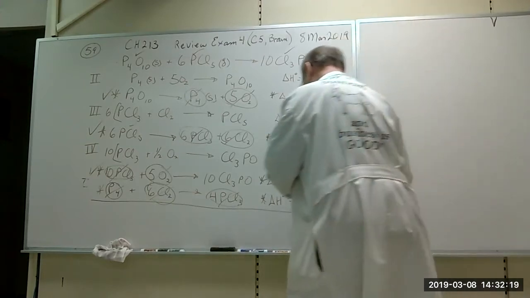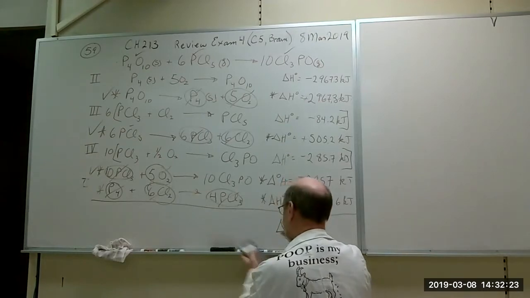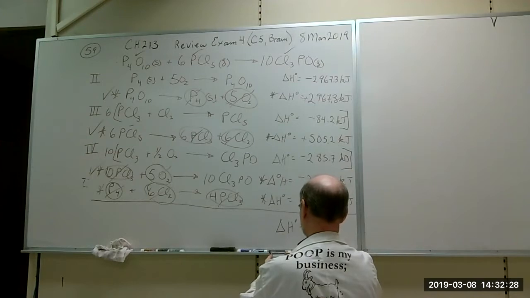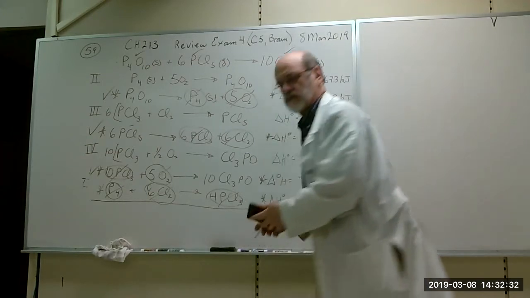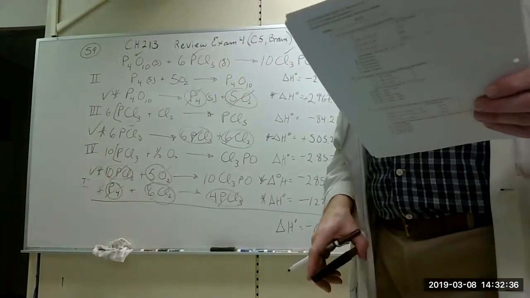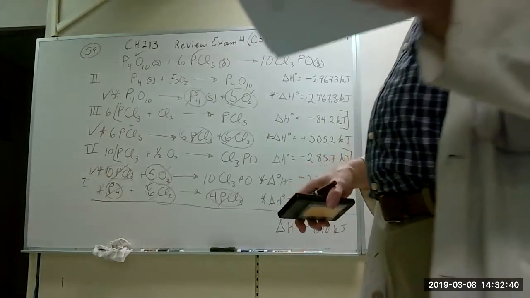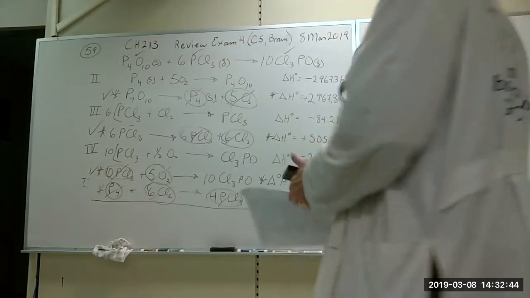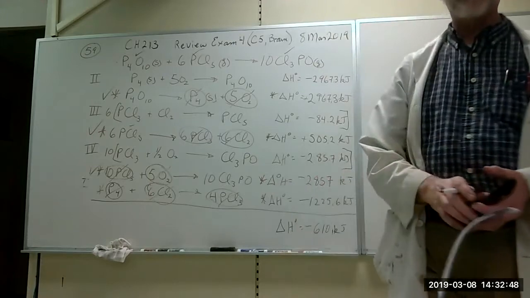So if I did my math correctly, delta H for the overall reaction is minus 610 kilojoules. Yeah, let's see if I came out right. Yep, close enough. I'm off by 0.1. That's because I didn't keep it. I should have kept it. Okay?